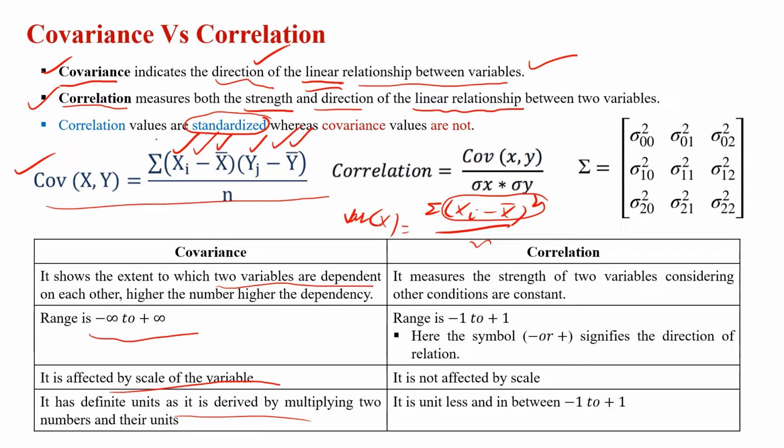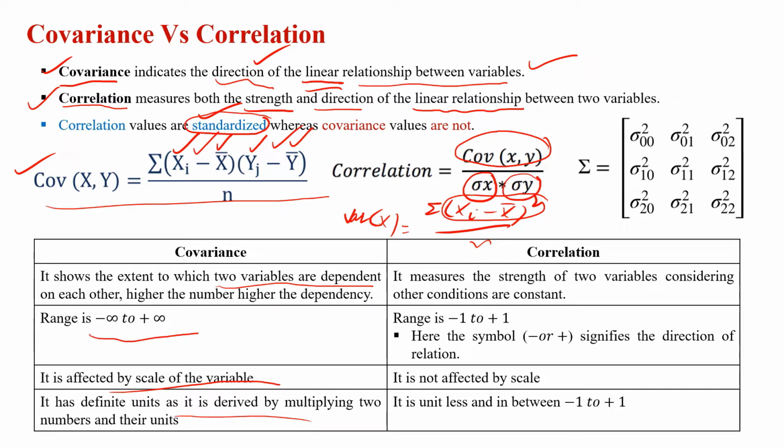Correlation is the standardized value, and we standardize it by dividing the covariance by the standard deviation of the first variable and the standard deviation of the second variable. The answer is called the correlation.